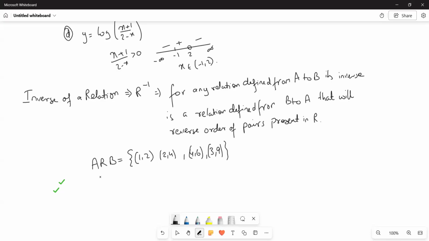Then its inverse, R inverse, will effectively be a relation defined from B to A. ऐसे लिखेंगे इसको, B R inverse A, and the outcome of this would be the same pairs that we have in R but written in the reverse order. जैसे (1,2) का (2,1) हो जाएगा, (2,4) का (4,2) हो जाएगा, (4,6) will become (6,4), (3,9) will become (9,3). This is inverse.